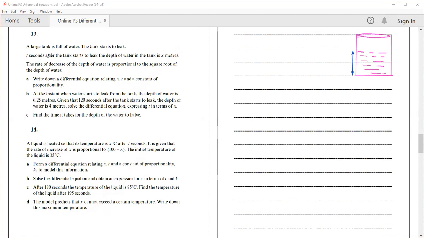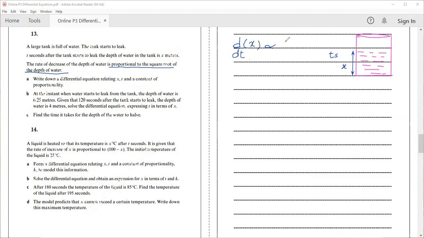That X meter means whenever we have the time T seconds, the depth is denoted by X meter. The rate of decrease of depth, and depth is denoted by X, and whenever we have the word rate, this means derivative with respect to time, is proportional to the square root of the depth of the water.